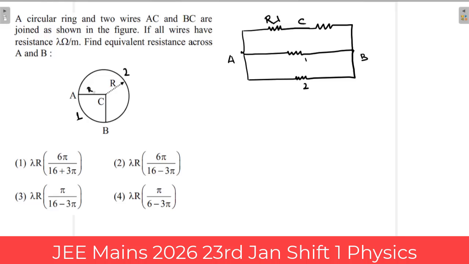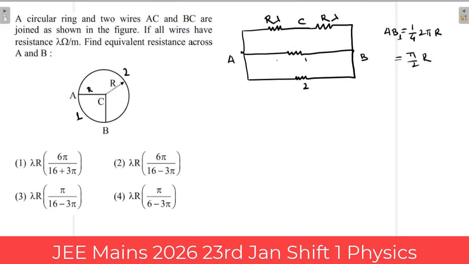So for length R there is R lambda, and also this is the same, that is R lambda. Now for path 1, it is 1/4 of 2 pi r. So the length AB via path 1 is 1/4 of 2 pi r, that is pi by 2 r.